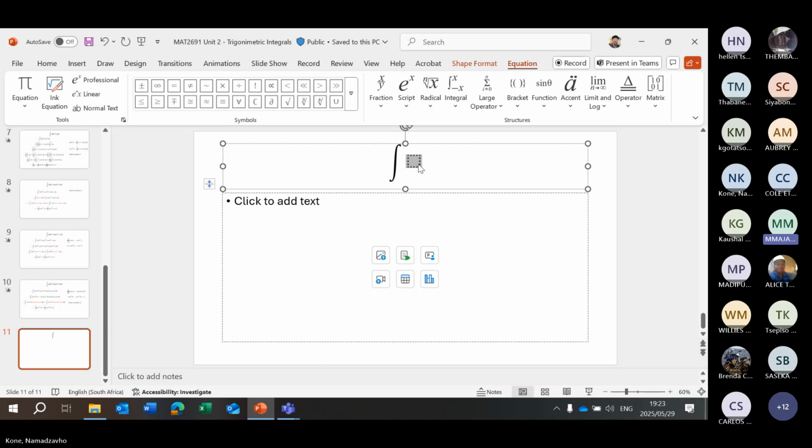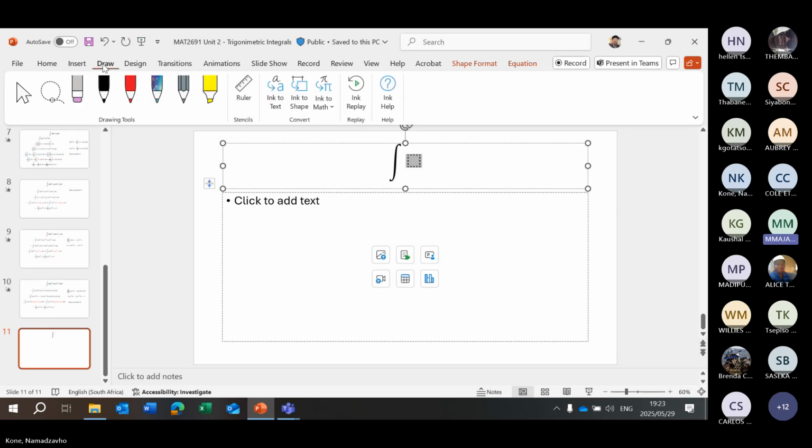Can't you go to draw on your slide and write with your mouse? Unfortunately, I'm using the pad on the laptop. But draw, where is draw? Oh, here. Like using this pen. Okay, let's see if I can do an integral here. It's not writing.